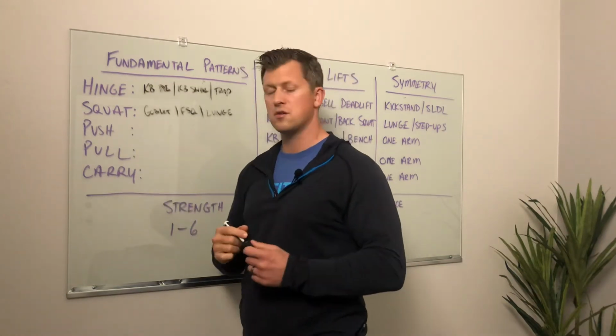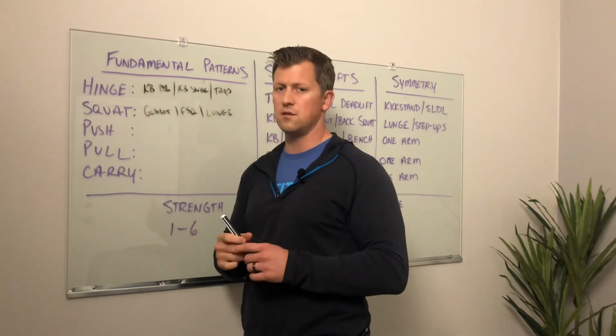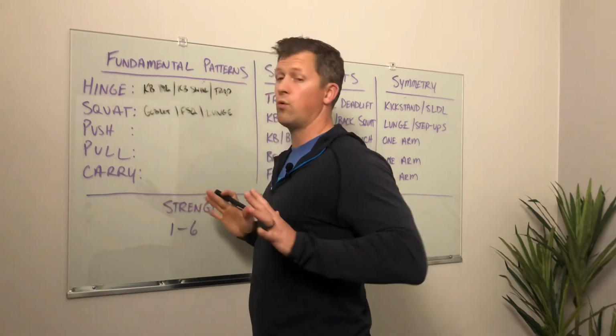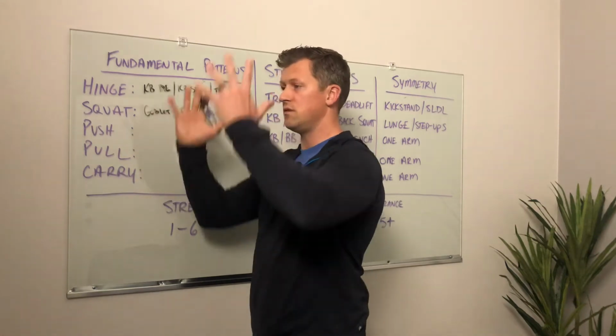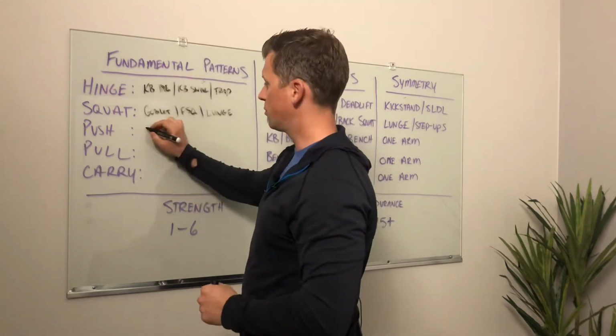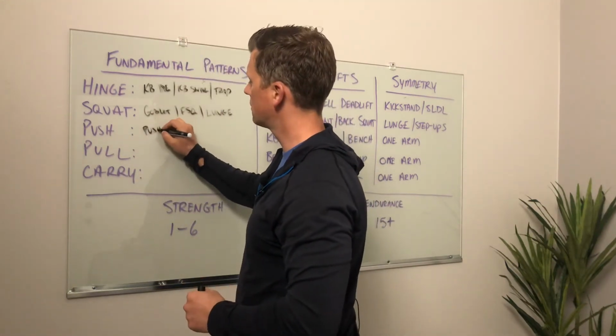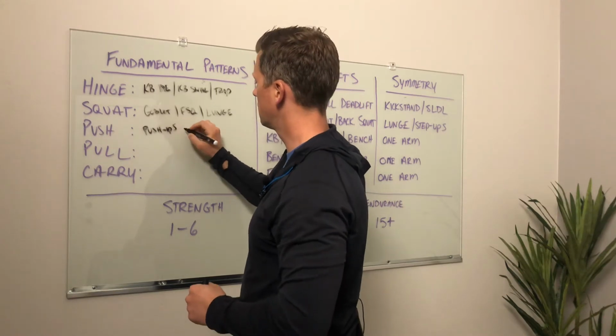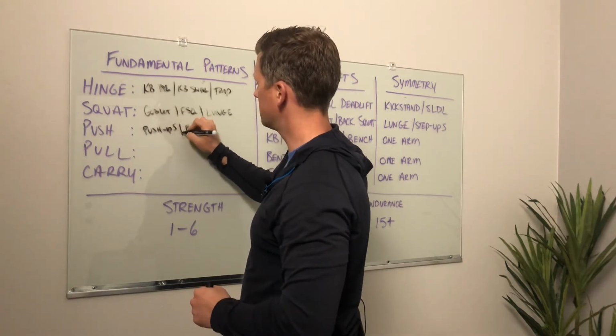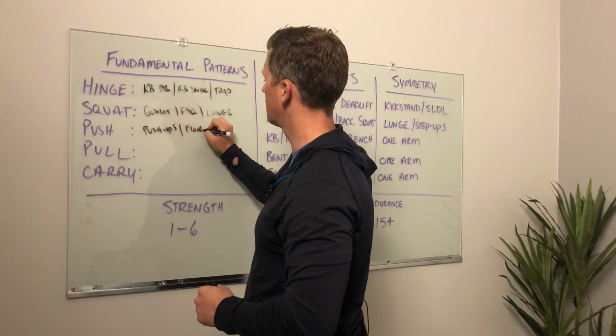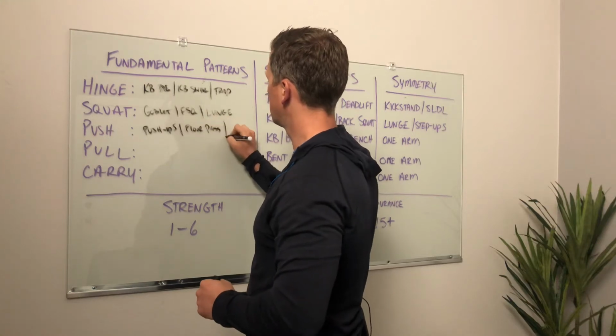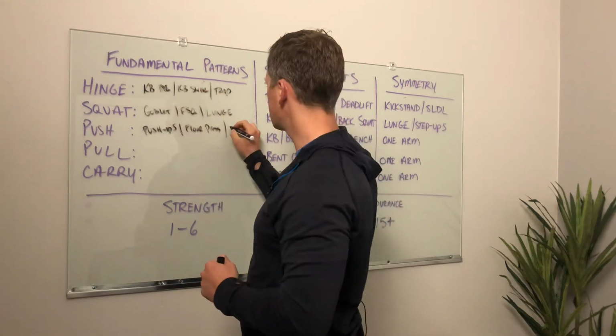Then we have push, and push can be subdivided into two different categories. It can be horizontal push, and it can be vertical push. So push-ups, floor presses, anything overhead press.